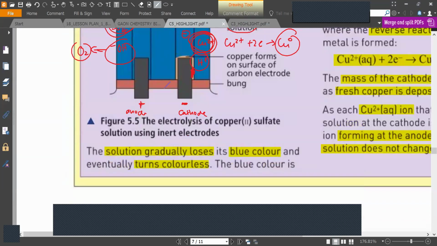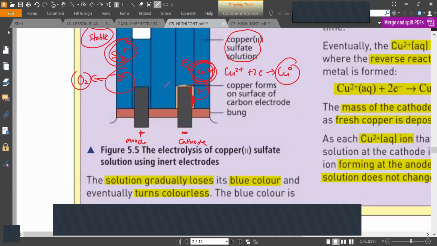So what we expect, the solution will gradually lose the blue color. This copper ion is blue, but once it turns to copper metal, it turns to a brown-orange metal.